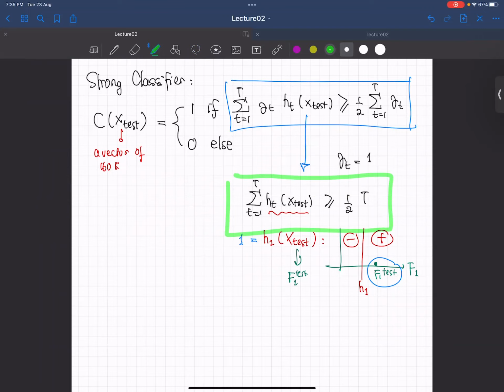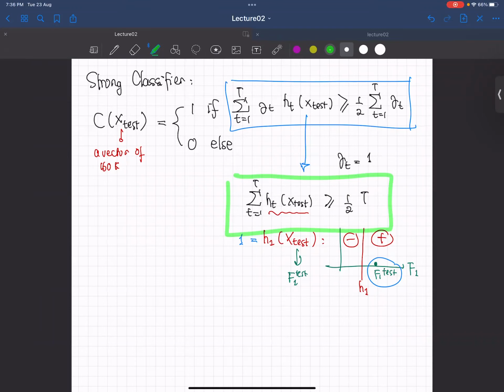At least half of your weak classifiers should say that this is face. Otherwise, it is non-face. If it is less than half, then it's not considered to be face. Any questions here? It's very straightforward, right?